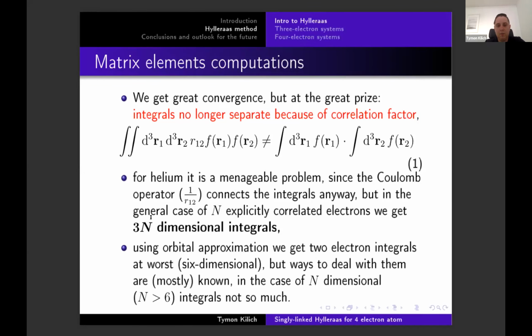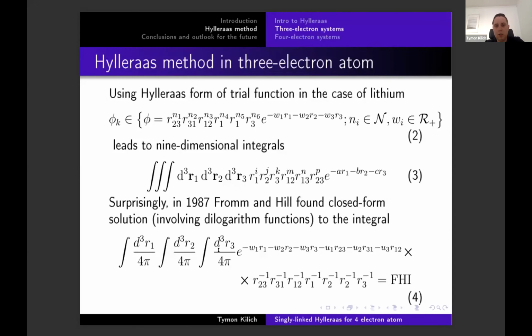And that is a problem. Using the orbital approximation, we get two-electron integrals in the worst case, which are 6-dimensional integrals, but we have learned to deal with them. But when n is larger than 6, so the integral is larger than 6-dimensional, it becomes more and more complicated, obviously.